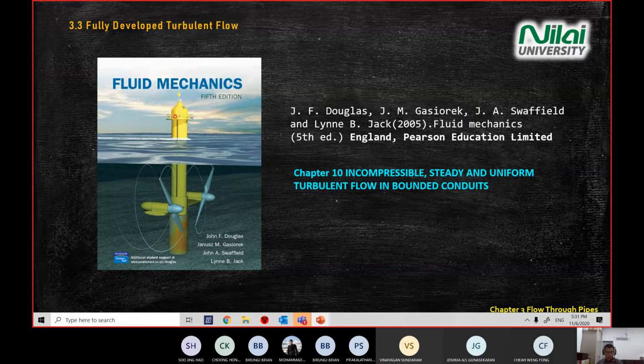This one I extracted from one of the textbooks, not the same as the reference book that we have. I extracted it from chapter 10 of a fluid mechanics book under Pearson publication. If you're interested, you can go look for it.